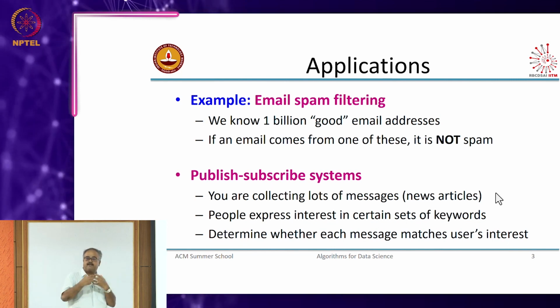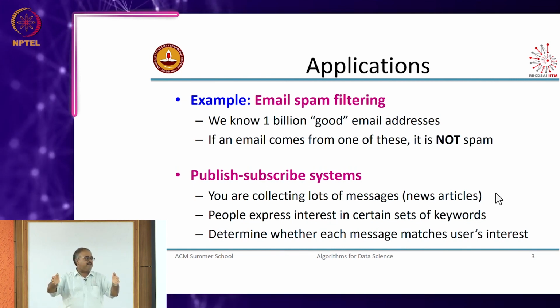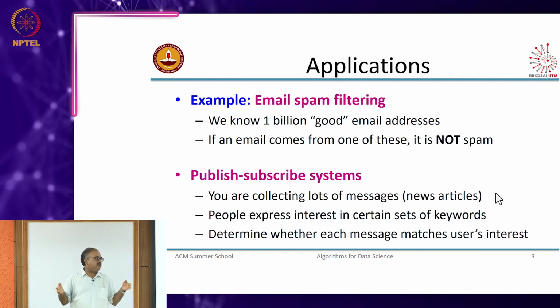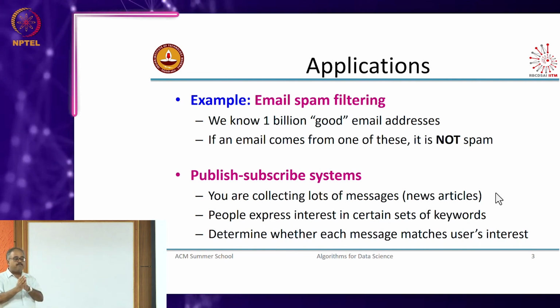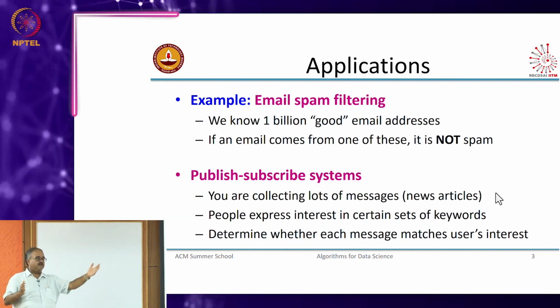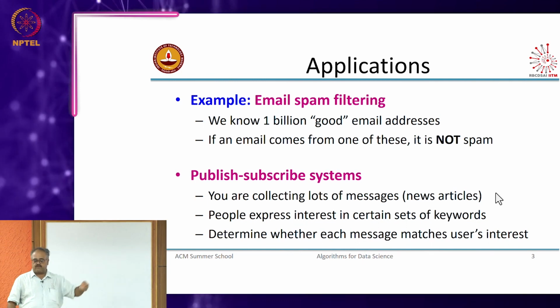So what the subscriber to your website will do is that they will set up the keywords, or the topics that they are interested in. When you publish something, you pass it through that filter and show it to the user. If it contains keywords that the user is interested in, then you show it to the user. If not, you don't show it to the user.